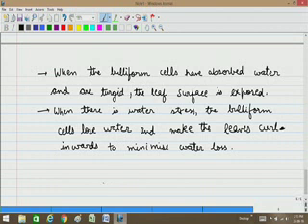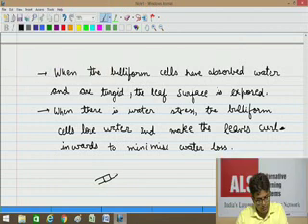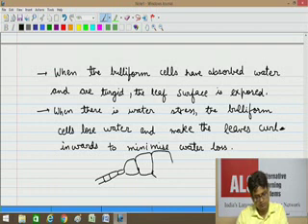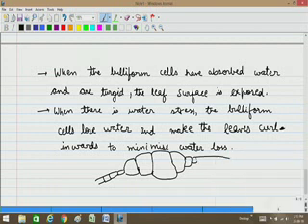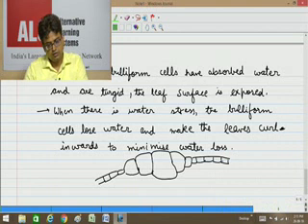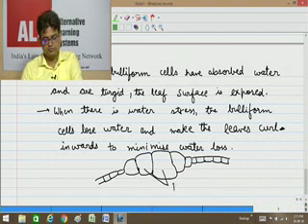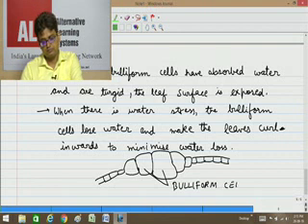So if you have to draw, these cells will be like this. Large empty colorless cells like this. These are the bulliform cells. These are the upper epidermis cells.